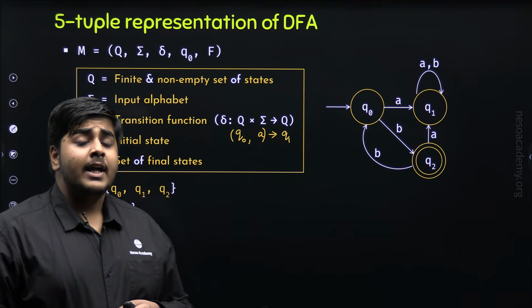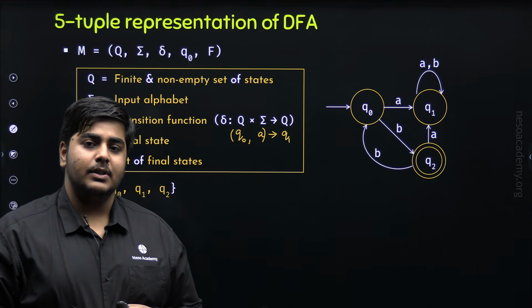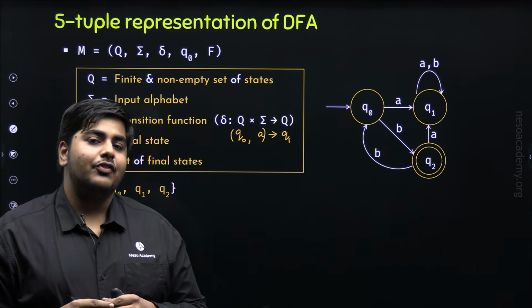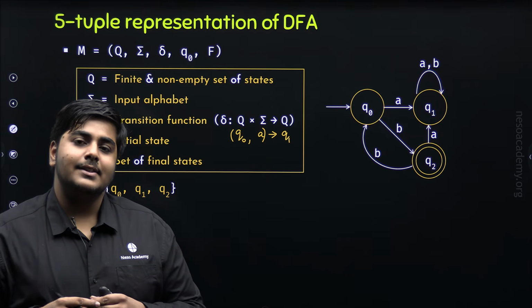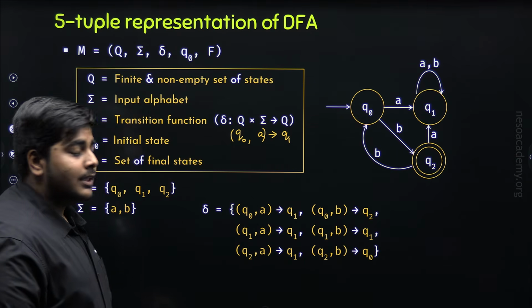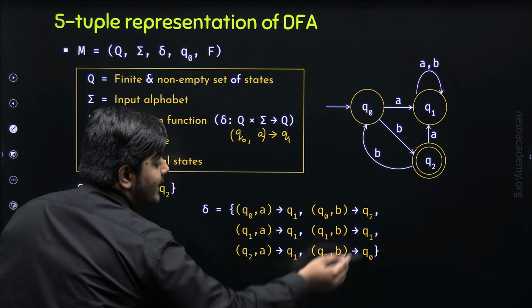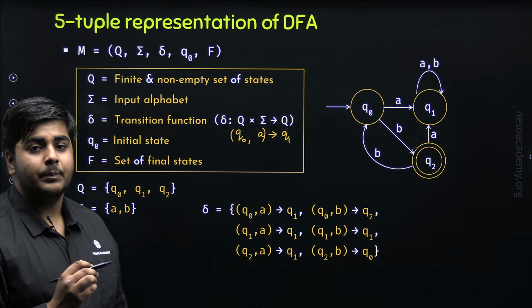In this diagram, there are a total of 3 states and 2 input symbols. So the total number of transition rules will be 3 multiplied by 2, equals 6. There will be a total of 6 transition rules, and the collection of all these transition rules is called the transition function delta.